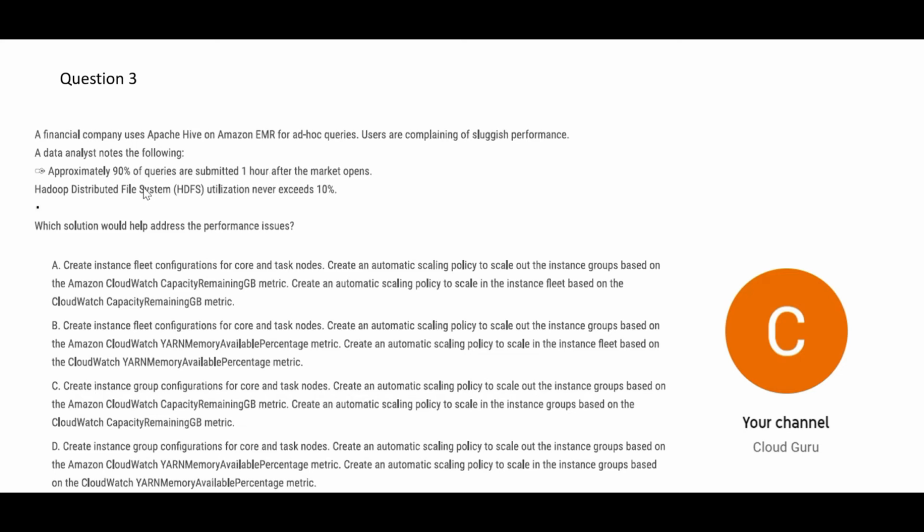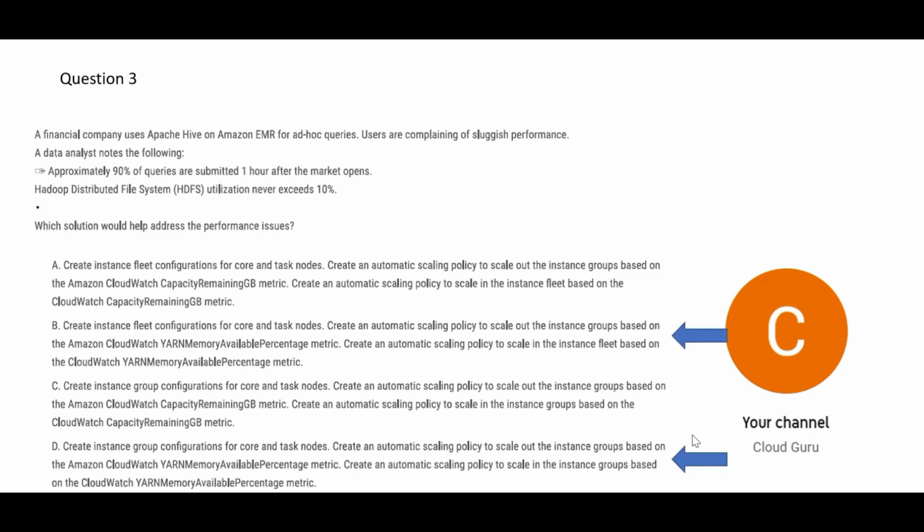No. The 90% of queries being submitted is also not disk capacity. HDFS utilization here is compute capacity, not disk capacity. So since the question is not talking about disk capacity, we will rule out options which talk about the CapacityRemainingGB metric. That is, option A is wrong and option C is wrong.